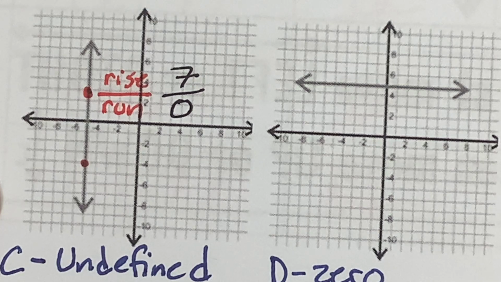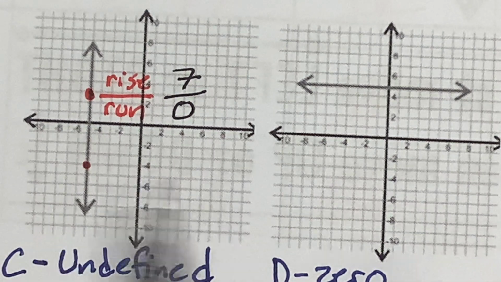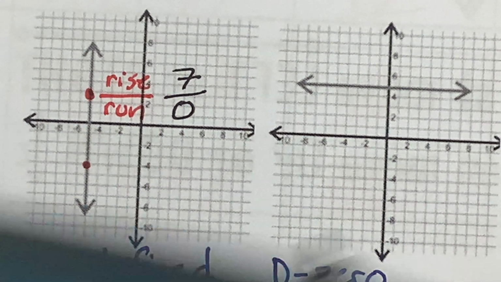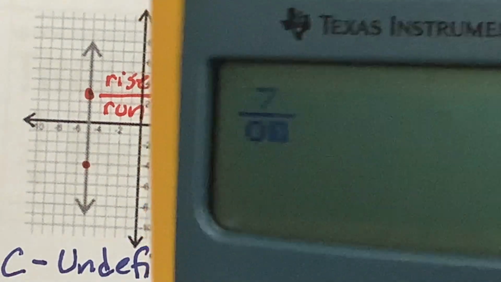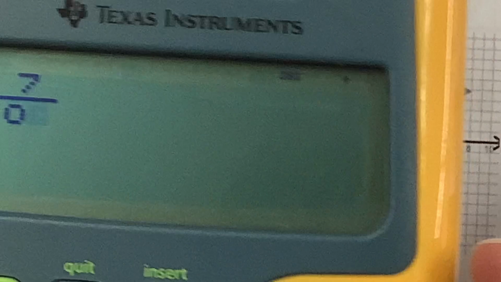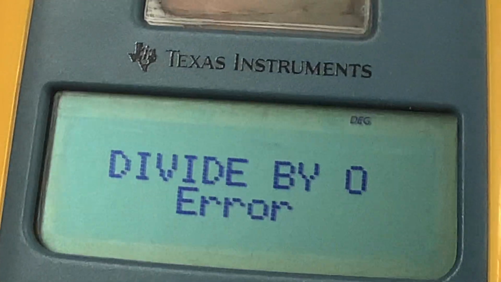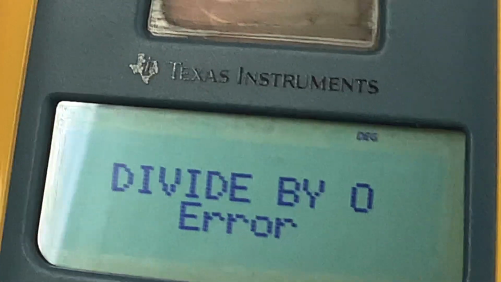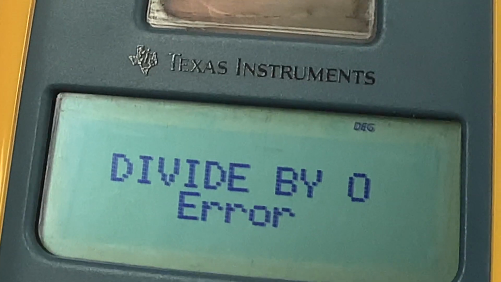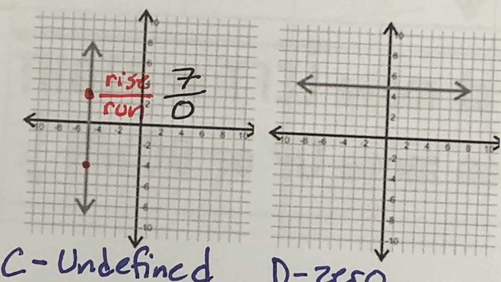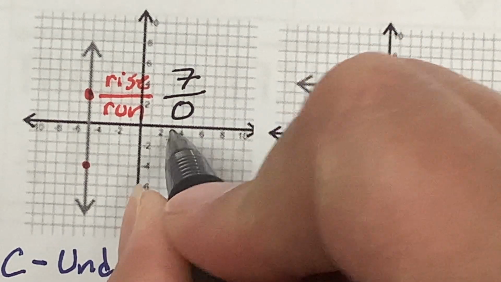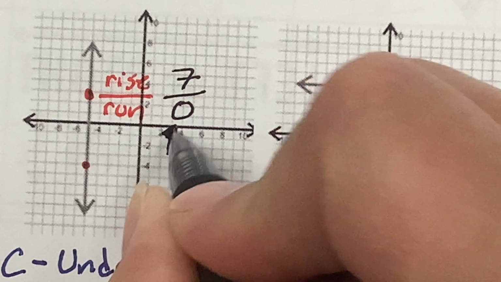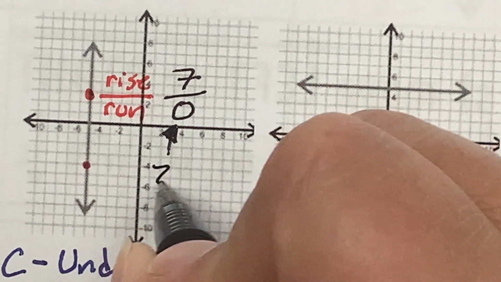It doesn't go over. Now, if you put that in a calculator, I grab my handy dandy calculator and I put 7 over 0, look what happens. Ooh, divide by 0 error. That's because it's undefined. You can't have 0 on the bottom of a fraction. So that means it's undefined. 0 on the bottom.